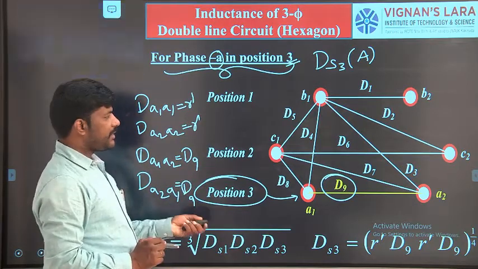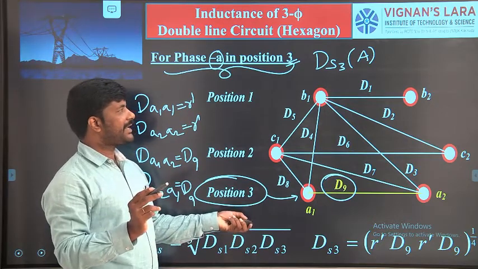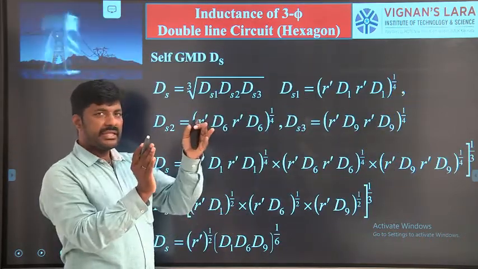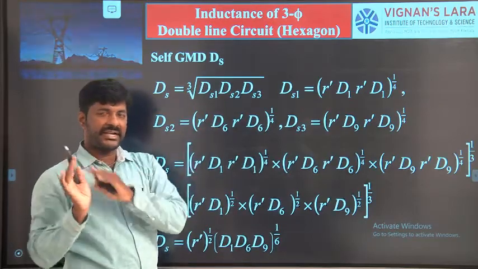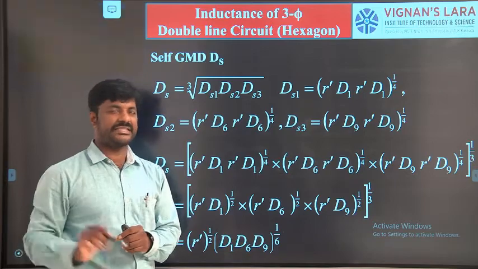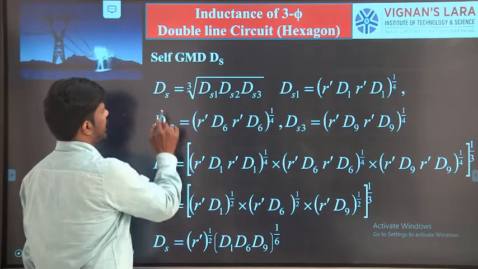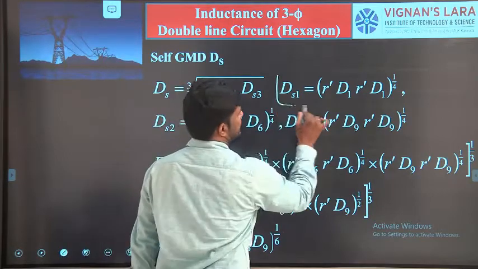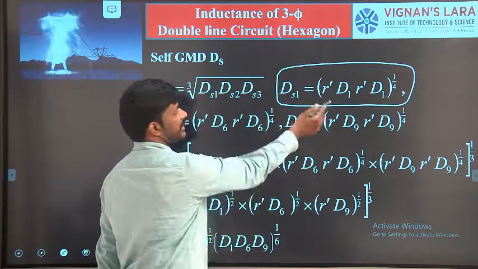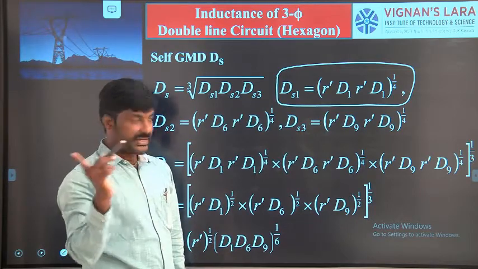So totally we have observed whenever conductor A is occupying 3 different positions separately, and we have observed the self values DS1, DS2, DS3 with positions 1, 2, 3 respectively. Recalling that distance D1 is identified. Next case D6, next case D9.